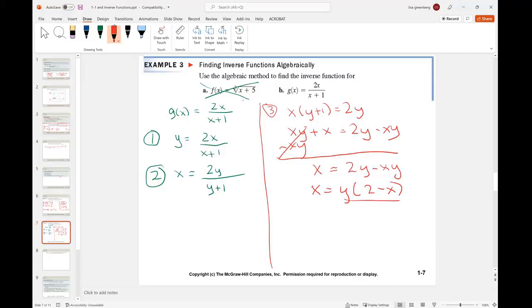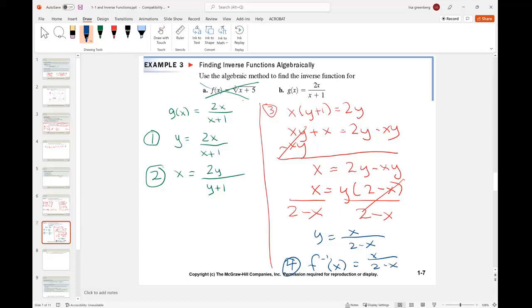If I divide both sides, now I'm dividing because it's my last step. If I divide both sides by 2 minus x, I get y equals x over 2 minus x, right? And then the last step just says change that y into the inverse function.